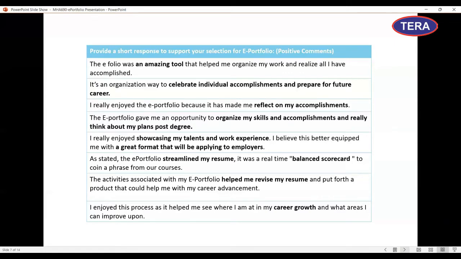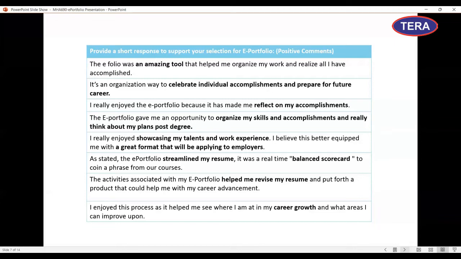It made me reflect on my accomplishments. E-portfolio gave me an opportunity to organize my skills and accomplishments and really think about my plans post-degree. I really enjoyed showcasing my talents and work experience. It's a great format to use when applying to employers.